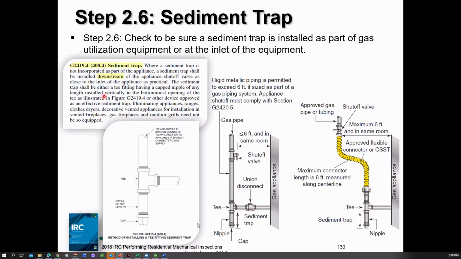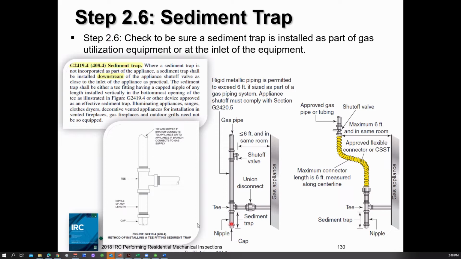And that makes sense, doesn't it? Because periodically we have particles that enter the gas pipe, maybe by installation of the gas piping system, dirt, things of that nature. Particles heavier than the gas are going to actually fall into the sediment trap, right?